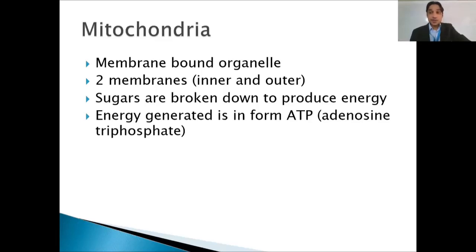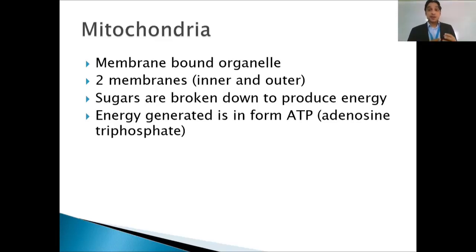ATP is like an energy currency which is universally produced by living systems. Whenever energy is produced, it is converted into ATP, and the ATP molecule can travel within the cells and outside the cell, and that ATP can be used to perform the function wherever it is required.